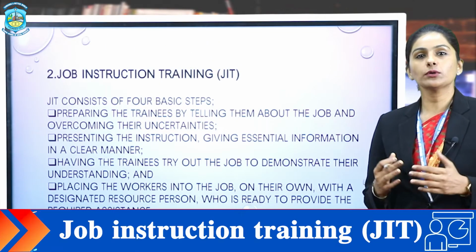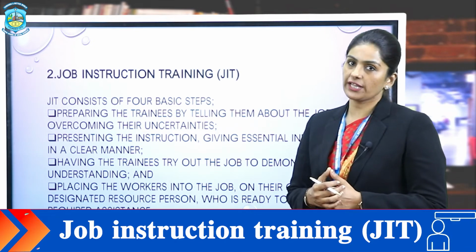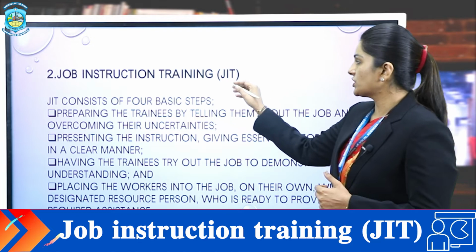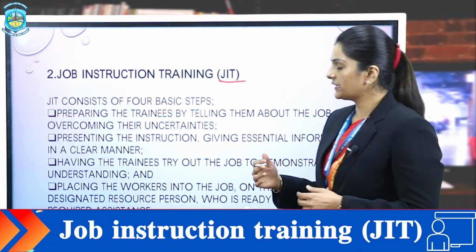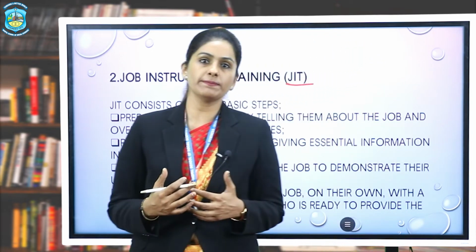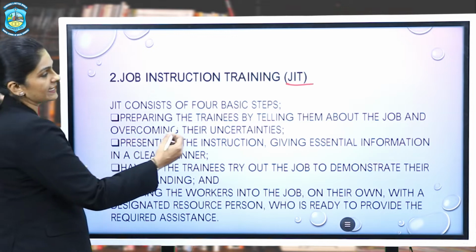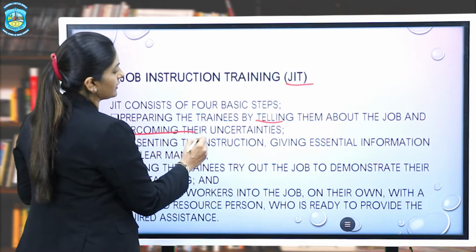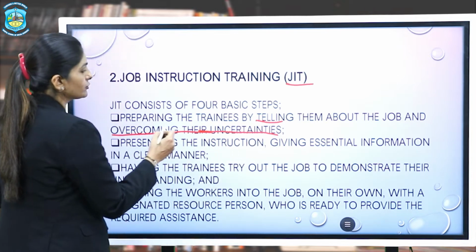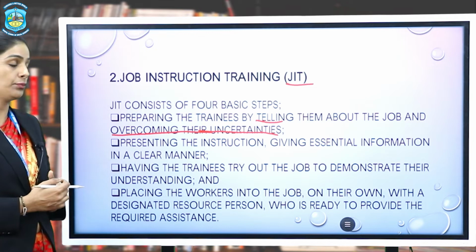Now let us discuss the second kind of on-the-job training program, which is job instruction training, commonly known as JIT. It consists of 4 steps. The first is that you prepare the trainees by telling them about the job and overcoming their uncertainties and problems. So you give them instructions for how they have to perform a particular work.